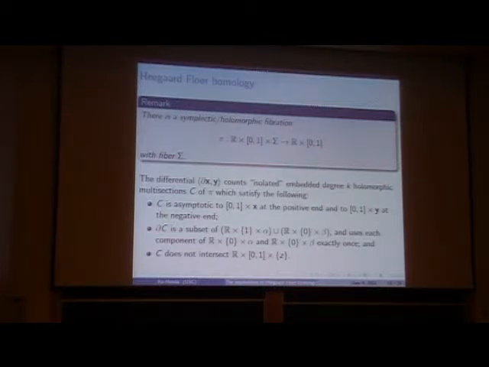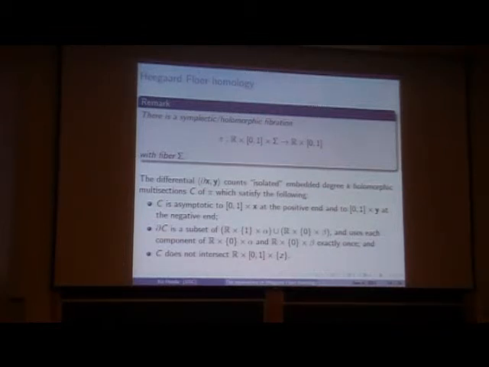So this situation is almost the same as the embedded contact homology situation. You want to count differentials. In this case, you count isolated embedded degree k holomorphic multi-sections of pi, which are asymptotic to [0,1] cross x at the positive end, and to [0,1] cross y at the negative end.